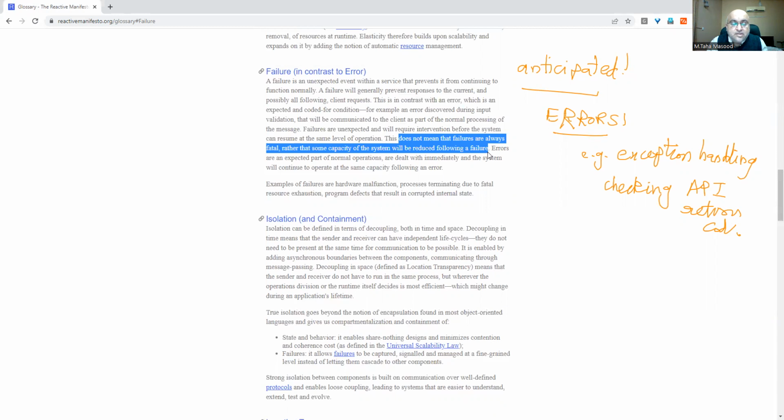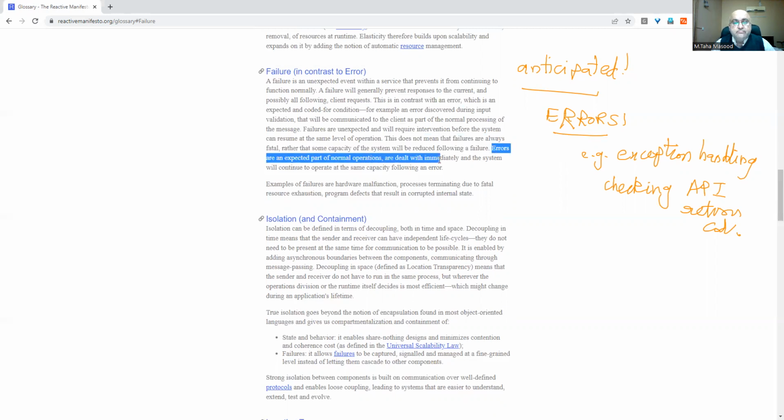So even though a subsystem has failed, a redundant subsystem can resume the services of its peer, right? Errors are an expected part of normal operations, are dealt with immediately, and the system will continue to operate at the same capacity following an error.